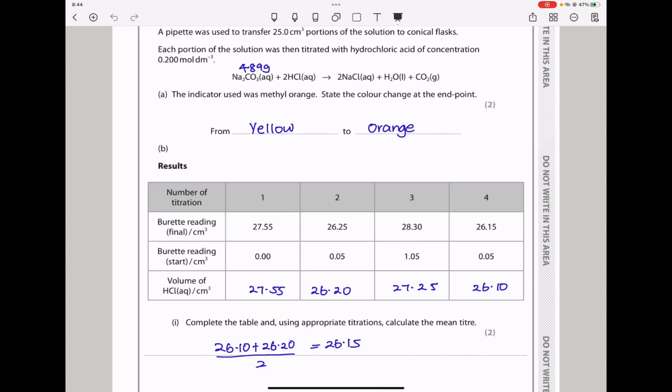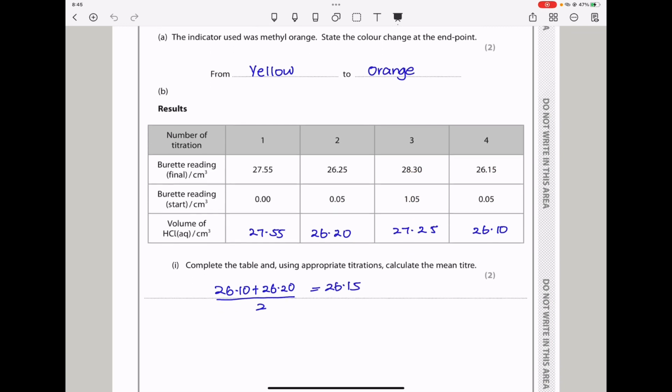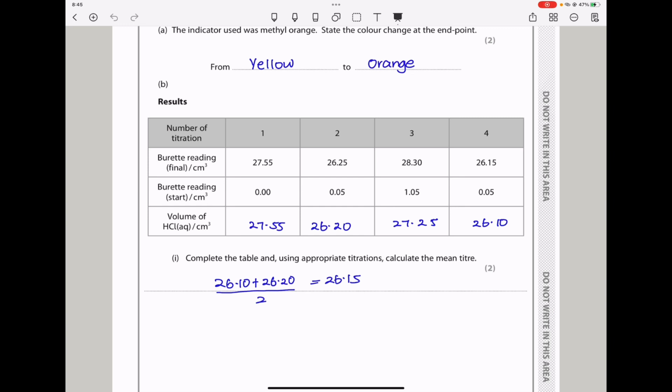The results are as below, and they wanted us to calculate the volume of HCl used. So this is just subtracting the readings in each case. It's quite easy. They wanted us to complete the table and, using appropriate titrations, calculate the mean titre. To calculate the mean titre, you have to find out which results are concordant. As we can see, this one here is very different in comparison to the others.